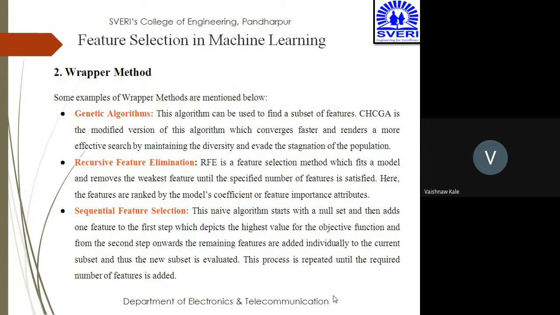Genetic algorithm is an algorithm that can be used to find a subset of features. CHCGA is the modified version of this algorithm, which converges faster and renders a more effective search by maintaining the diversity and evading the stagnation of the population. So the genetic algorithm finds a subset of features.